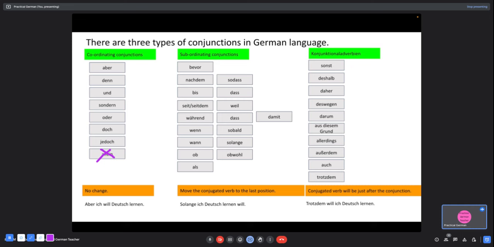You can just point to your friend: aus diesem Grund bin ich verspätet. So normally you are pinpointing a specific scenario, but I'm just telling you an example in a funny way. Okay, continue.